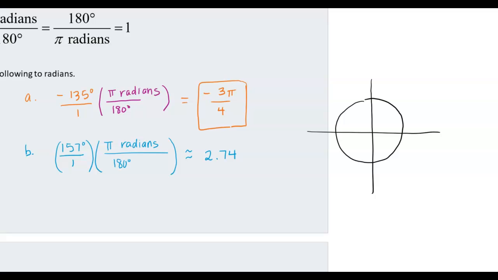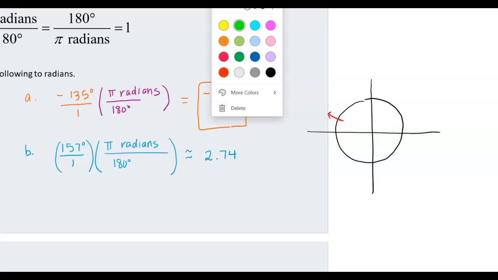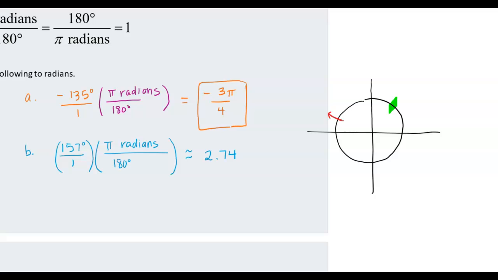150 degrees or 157 degrees is going to be maybe over here somewhere. And based on what we were talking about a minute ago, as far as 1 radian, 2 radians, we're saying that 1 radian was going to be maybe about here. And then this would be about 2 radians.